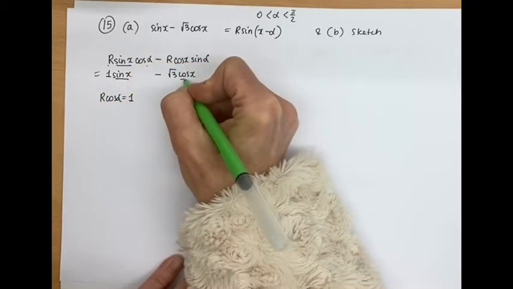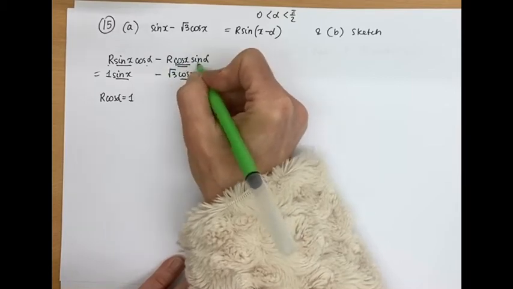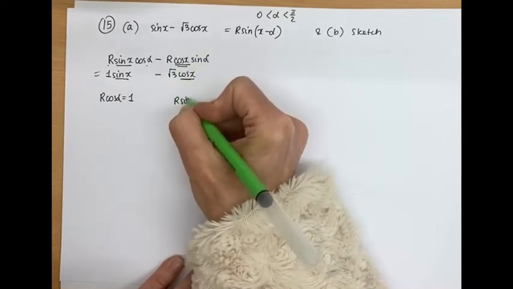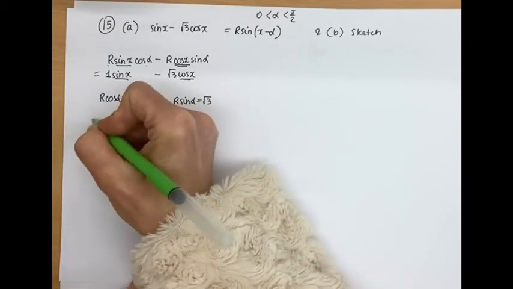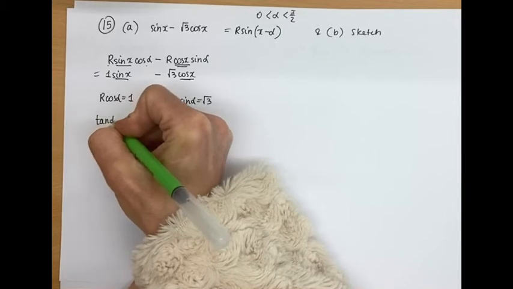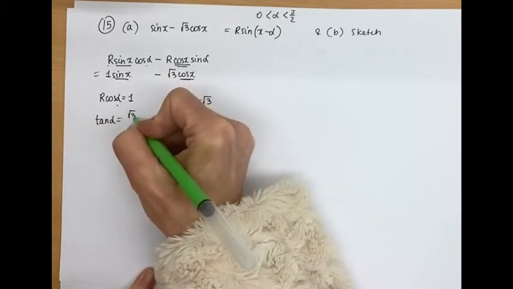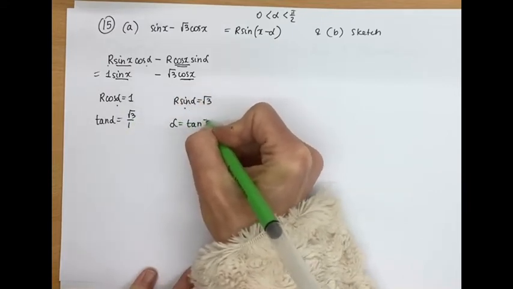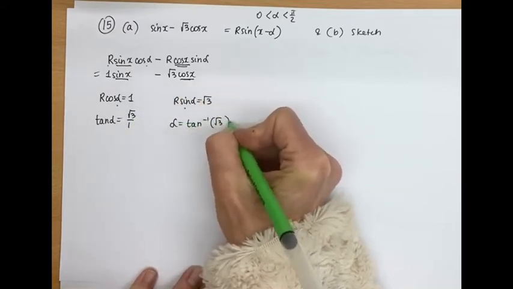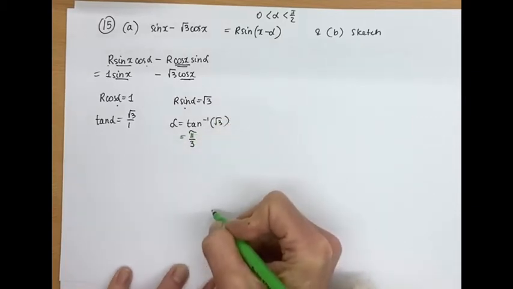Over here, you've got cos x and cos x. Over here, we have r sine alpha equal to root 3. Tan alpha is going to be your sine divided by cos, so root 3 over 1, giving me alpha being tan inverse of root 3, which is a lovely angle of 60 degrees or pi over 3 in radians.